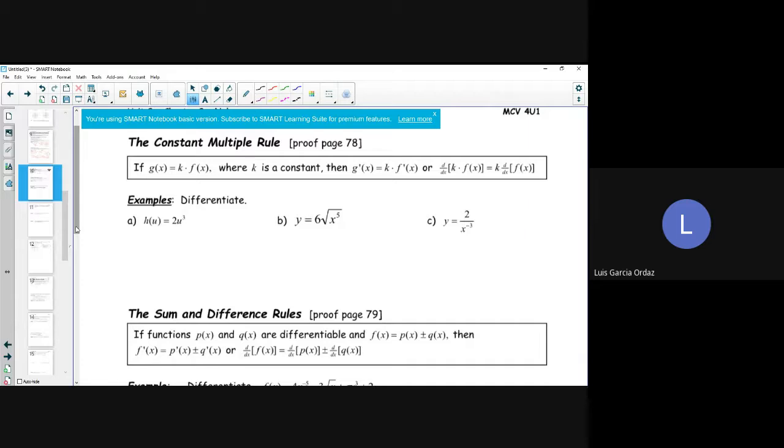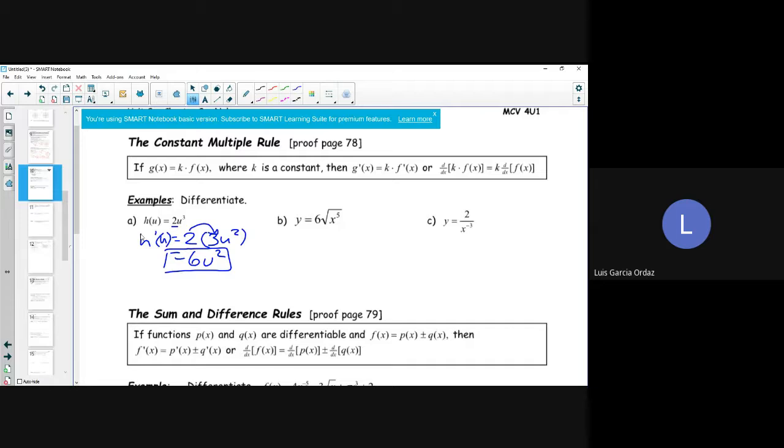So I can just find the derivative by leaving my k, which is my 2, by itself, and then taking the derivative of u to the power of 3, which is 3u squared. And then I can expand the 2 into the coefficient in front of u squared, which gives me 6u squared. Which means that my derivative of h of u is 6u squared.